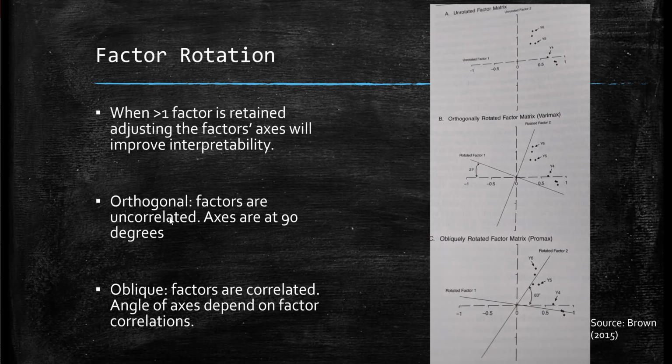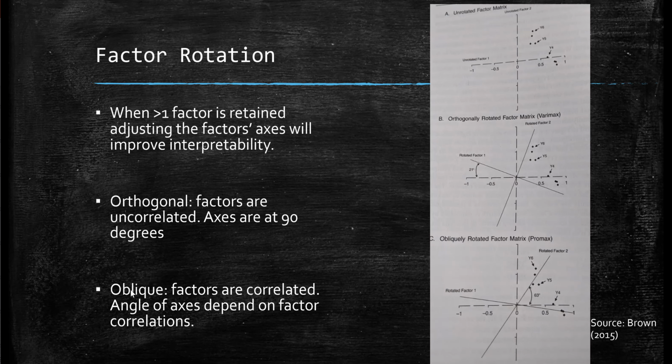Orthogonal is usually the most straightforward to interpret, but many books on factor analysis recommend using oblique, and then if the factors are not correlated, an oblique solution would reduce to an orthogonal solution.